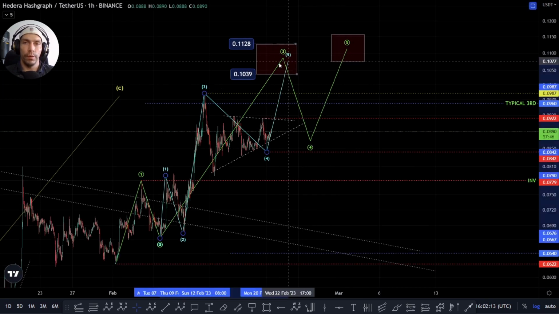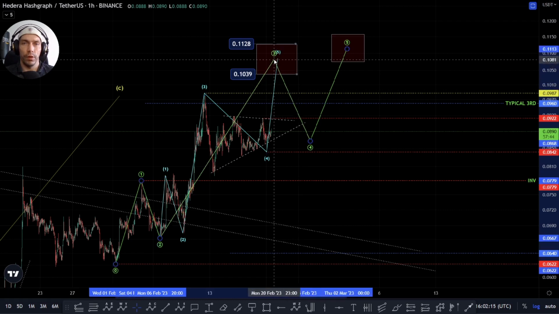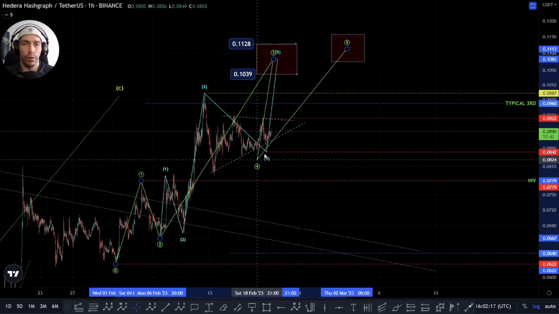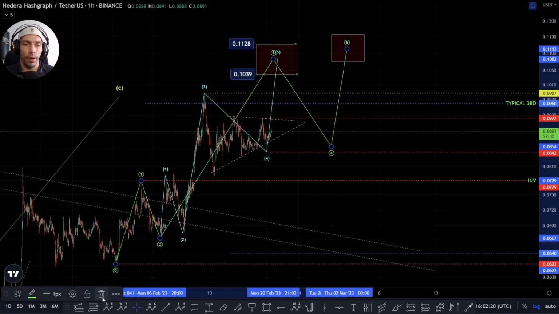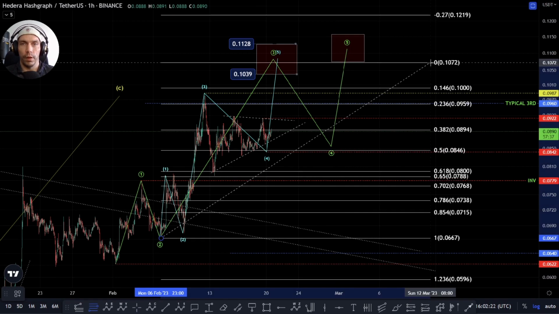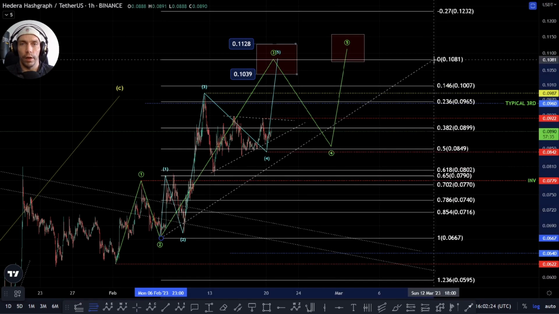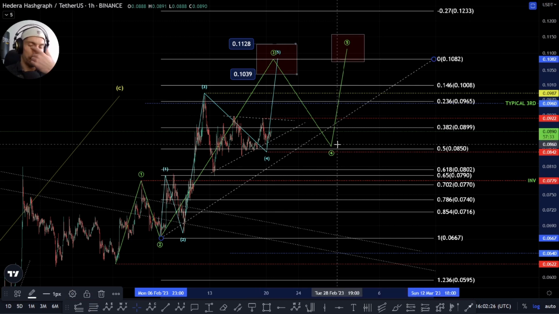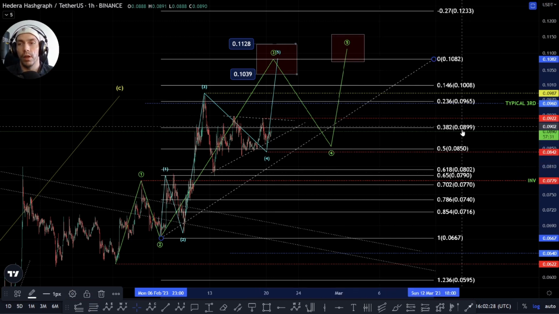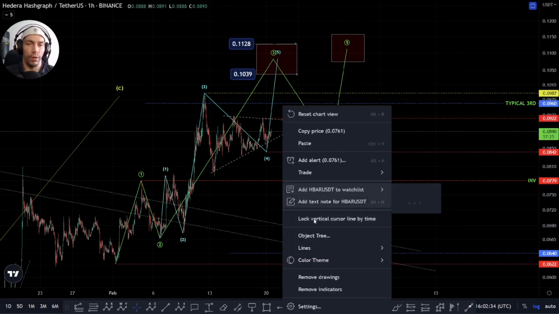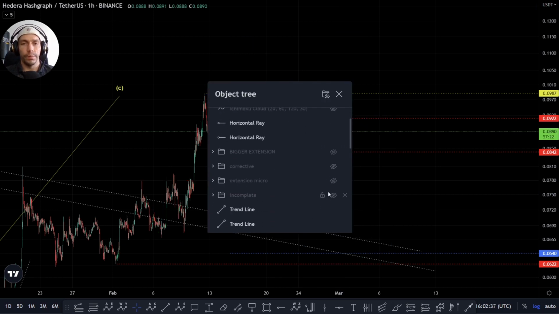If we do complete this 5-wave move in here, what we'd want to see is an additional fourth wave coming into this zone, settling down in this area here. If I throw the fib on here to get an idea, depending on exactly how high it moves, we could see it come back into this zone, which would be the 0.382 at 0.899 to this 0.854. So this is something that can still play out, so we need to give it a bit of space. Okay.